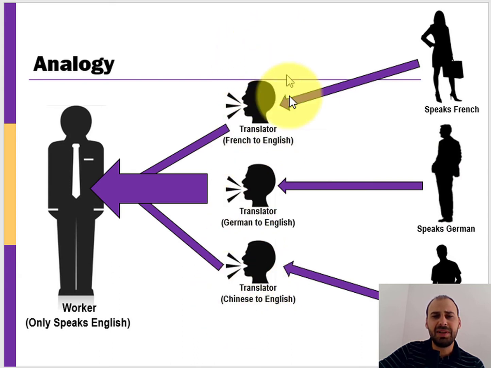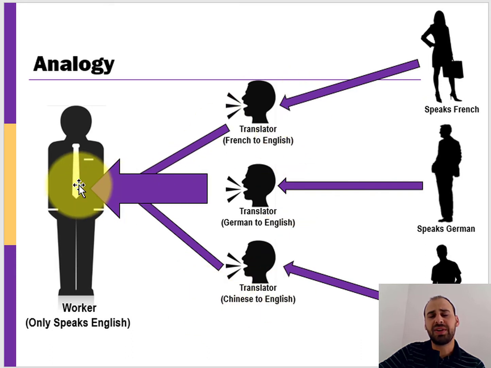This middle layer needs to translate the instructions coming from the manager into the language that the worker bee can understand. And we can have this one worker commanded by people speaking different languages as long as there's a middle layer doing the translation.